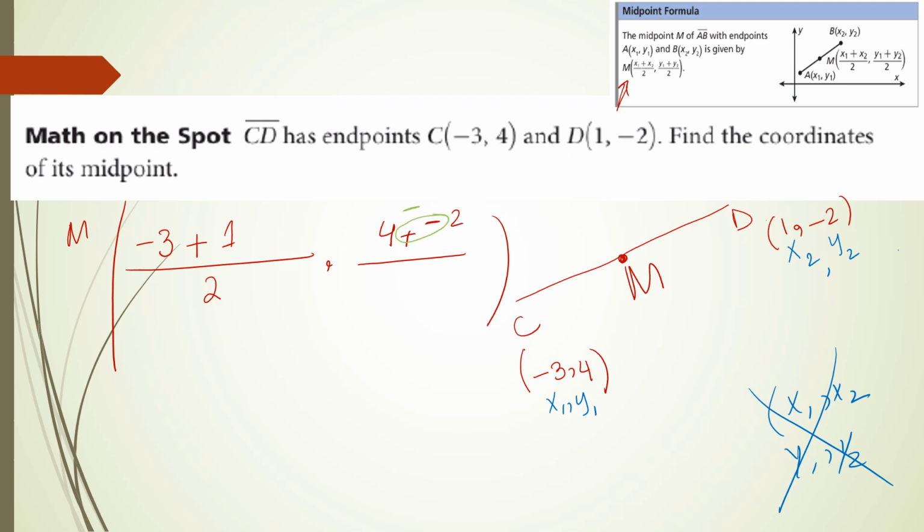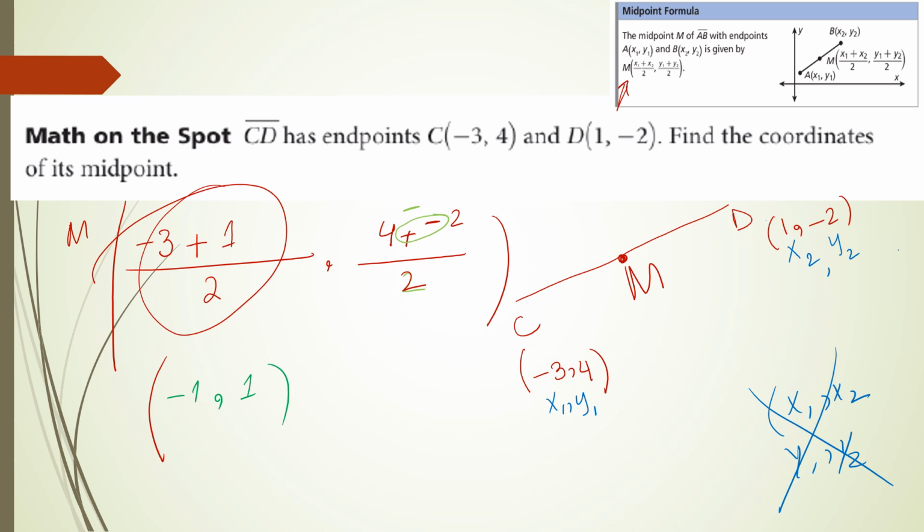Do it mentally or write the whole thing in the calculator, divided by 2. Now the first thing, write this whole in the calculator, minus 3 plus 1 divided by 2, you will get minus 1. Then write this thing, it means 4 minus 2, 2 divided by 2 gives you 1. So these are the coordinates of the midpoint of the line segment CD.